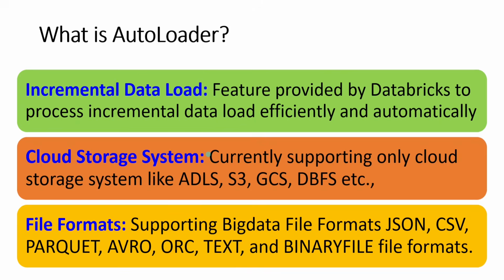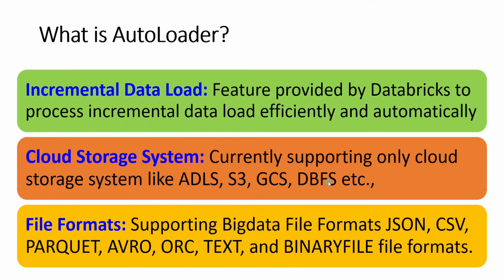Right. Now, let us try to understand more about AutoLoader. We understood the purpose: it is used to process incremental data efficiently and automatically. There are certain limitations, like it currently supports only cloud storage systems like Azure Data Lake Storage in Azure, Amazon S3 bucket, Google Cloud Storage, or DBFS.